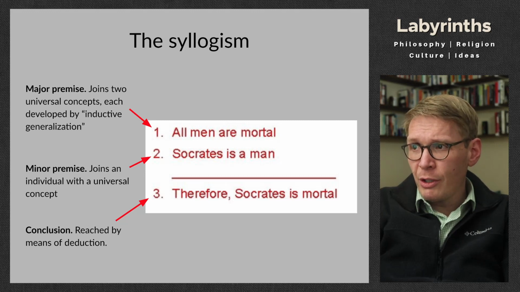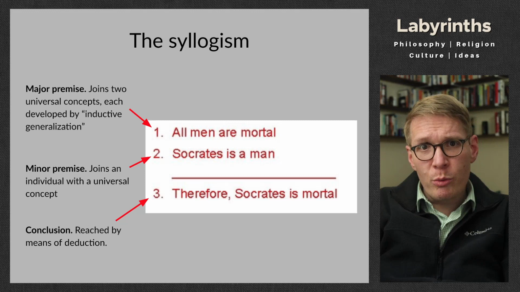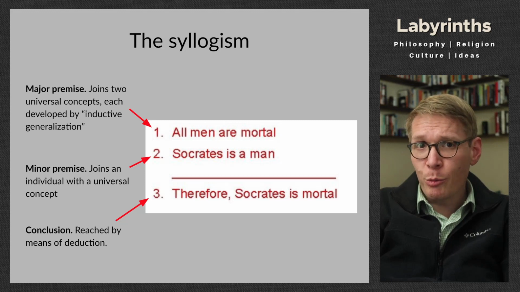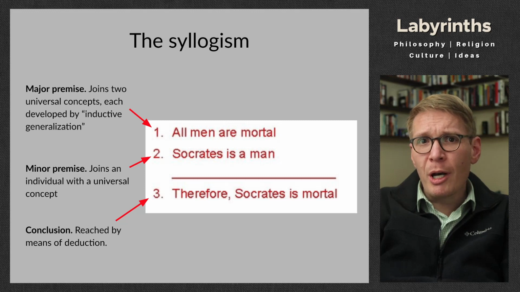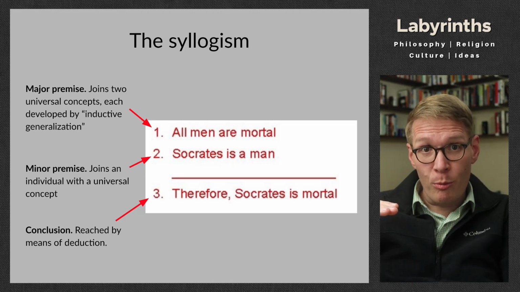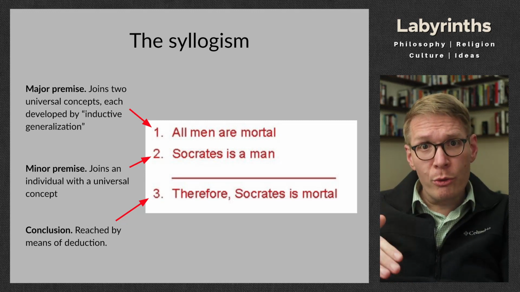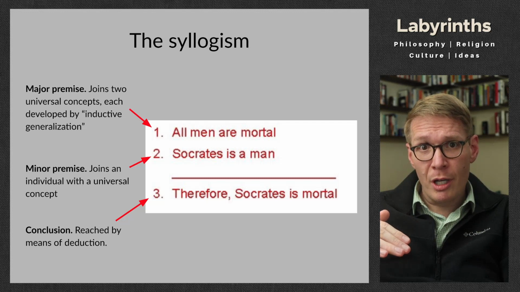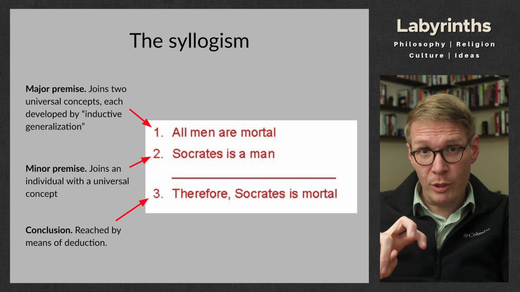Therefore, Socrates is mortal. In subsequent lectures, we're going to be looking at exactly how this is put together and how it works. The thing I want to emphasize here is very simple. A syllogism is not basing itself on observation. Each of the premises, all men are mortal, Socrates is a man, those are being based on observation, on what Hauser calls inductive generalization, right?